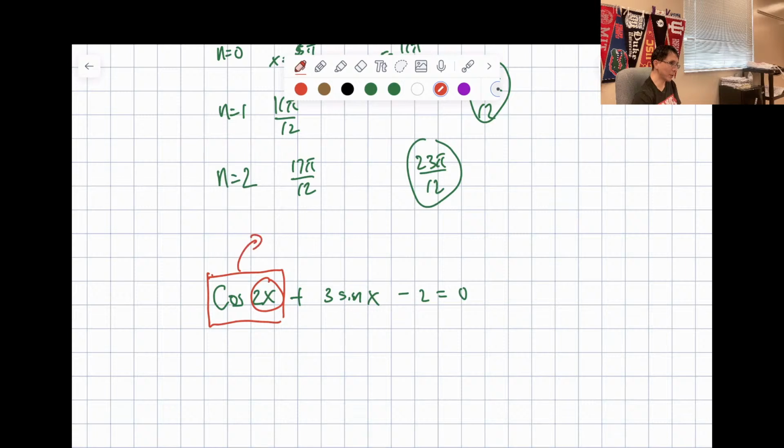Is there any way I can change it so it becomes factorable or solvable? Any suggestions? Take x plus x? That could be a good thing, but it turns out cosine of x plus x has a few different versions, and only one version is going to be the best fit.